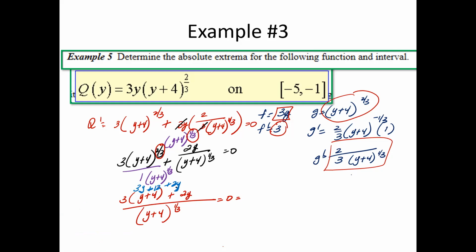And if I go ahead and combine that together, I will have 5y plus 12 over (y+4) to the 1/3 equals 0. My pen is skipping, which is slightly annoying, but that's okay.